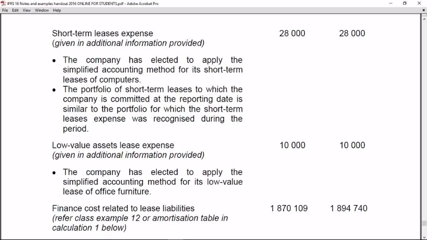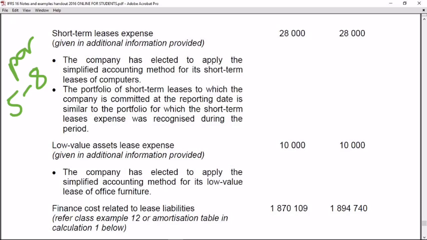And it now relates to the short-term and low-value asset lease expense. Remember, this information was given in the question. Please refer back to IFRS 16 paragraph 5 to 8 for purposes of determining this straight-lined lease expense.